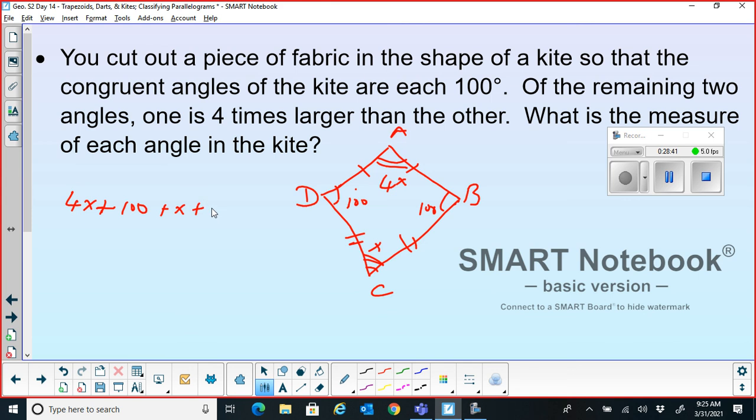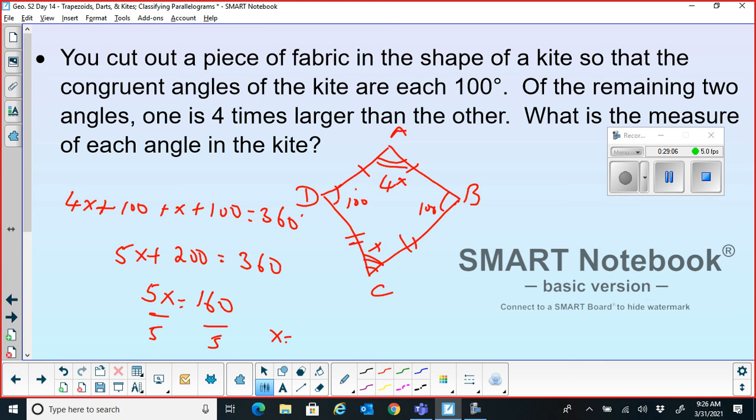plus x plus 100 equals 360. 4x plus x is 5x, 100 plus 100 is 200, and you'll have 360. Subtracting 200 from both sides, I'll have 5x equals 160, and dividing by 5 on both sides, I get x equals 32, which all of you had.